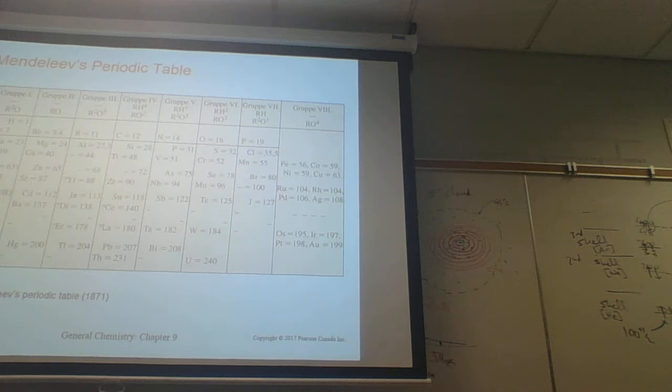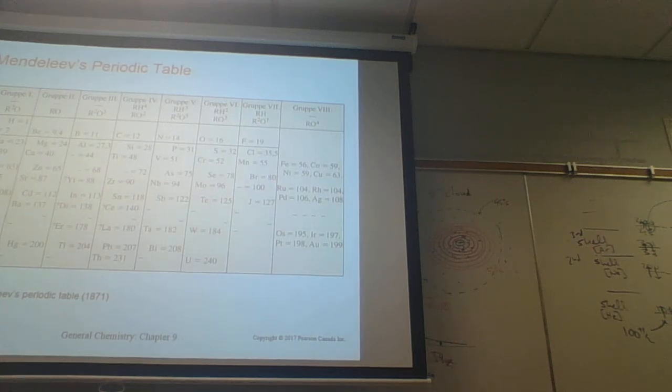Did Mendeleev develop quantum mechanics? He must have developed quantum mechanics if he did the periodic table, did he? The periodic table is based on quantum mechanics, isn't it? Actually, no. This is Mendeleev's periodic table from 1871. Was quantum mechanics around in 1871?